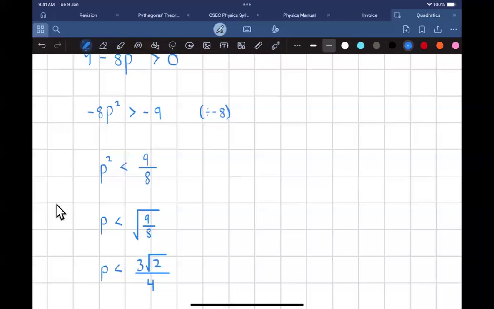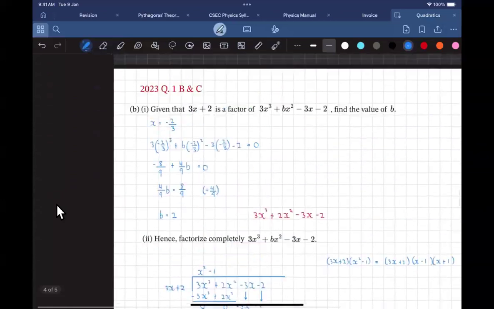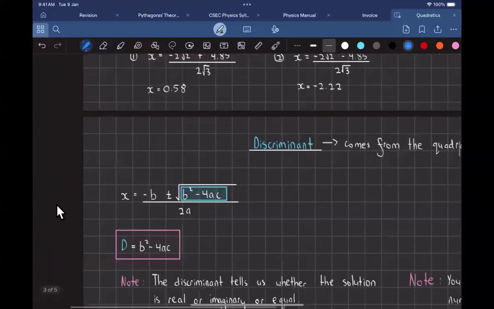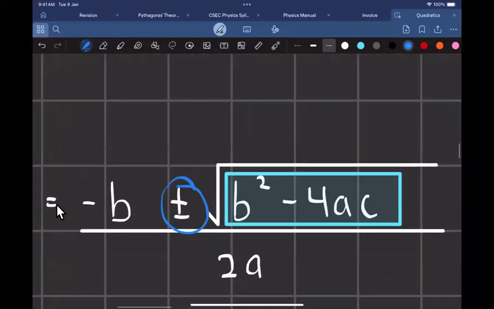Negative by negative. So minus 5. Yes, minus 5 by minus 5 is 25. So anytime you find a square root, that's why in the formula you have plus or minus. You understand that now?